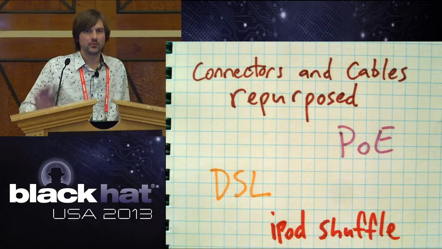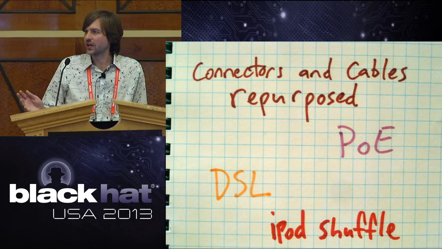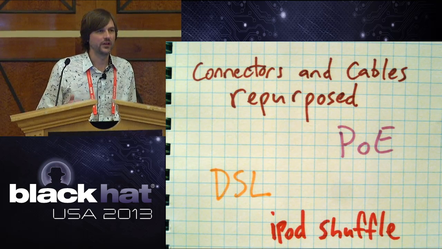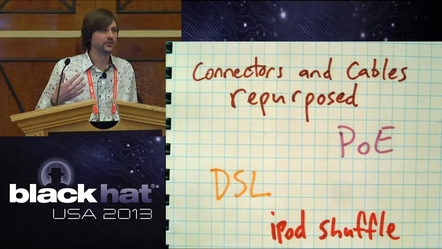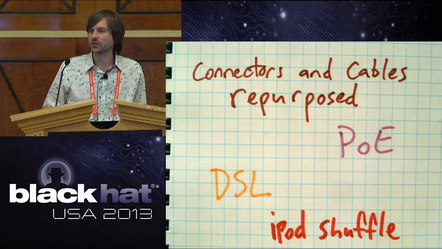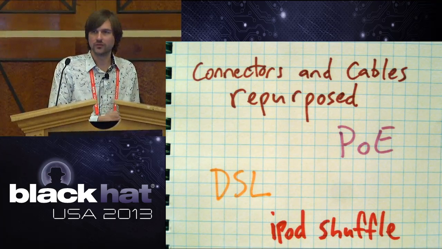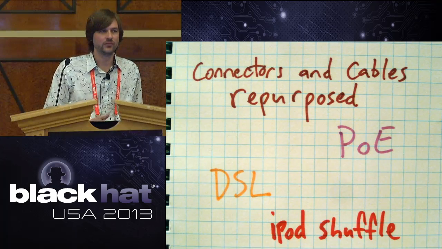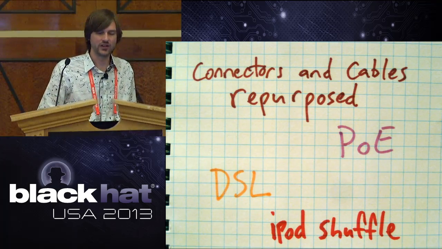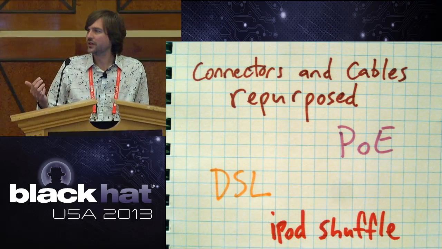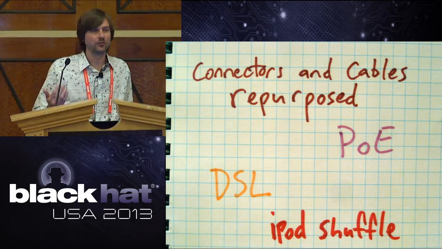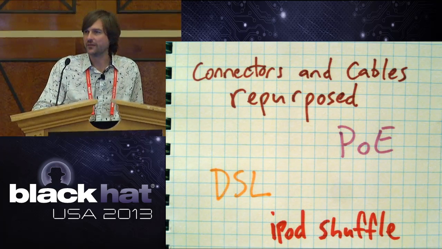Since electronic connectors have existed, they've been repurposed. I've seen serial interfaces implemented over connectors that were intended for power, all kinds of crazy things. One example that you're probably all familiar with is power over Ethernet.